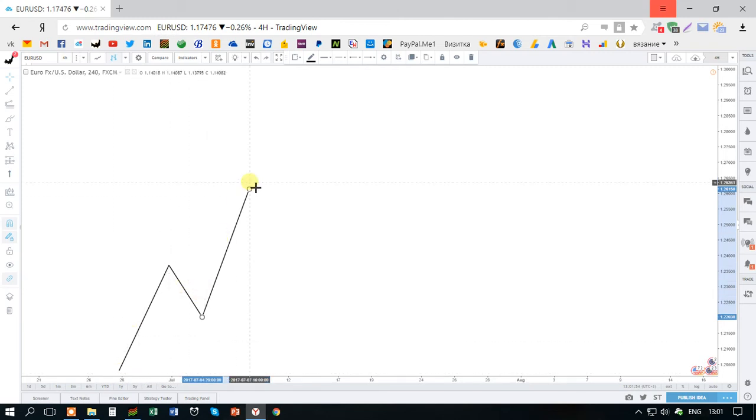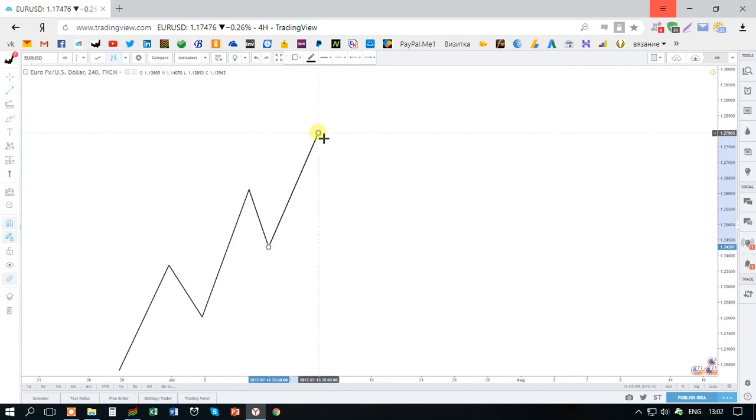So if you see that zigzagging formation, odds are in our favor that we will have a continuation. And because the trend is a tendency of price to move in one direction, we will have that further and further and further. So every time the next peak will be higher than the previous peak, and the next valley will be higher than the previous valley, like this. So this is called a trend.